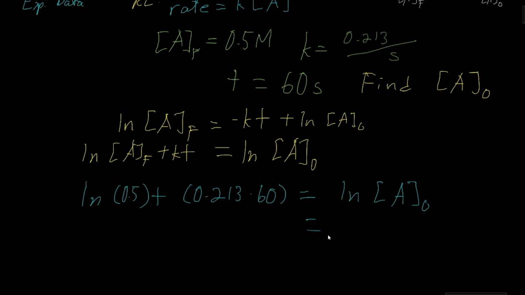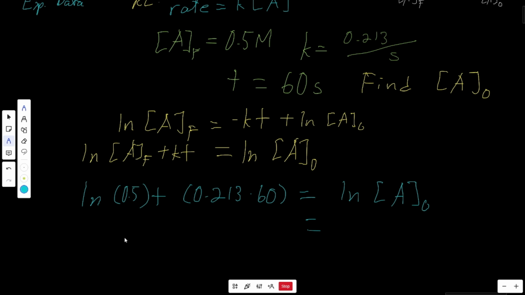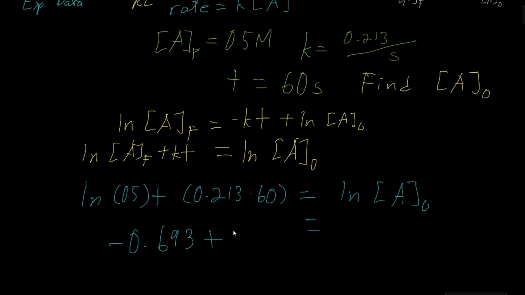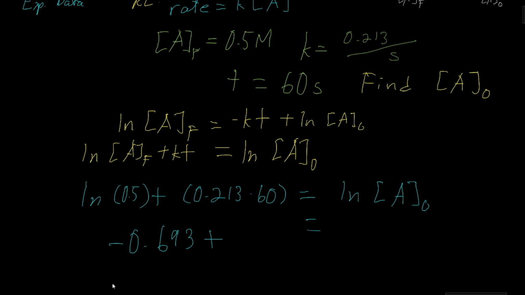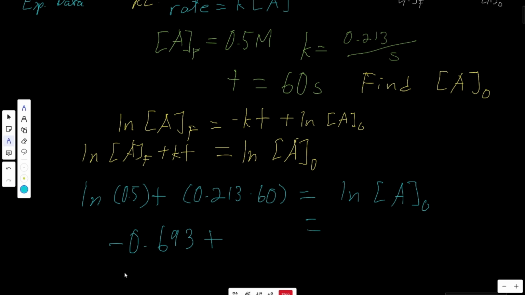So ln 0.5 is equal to negative 0.693, and we add this to 0.213 times 60. 0.213 times 60 is equal to 12.78.